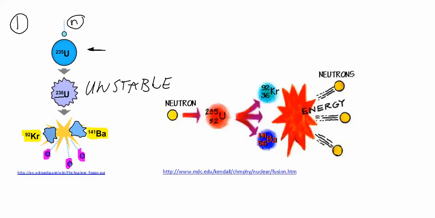In this diagram, you have the same idea. You've got a neutron. The neutron's going to bombard uranium-235. When that happens, krypton and barium are formed, as well as three more neutrons being released. What I like about this diagram is it clearly shows that there is a massive amount of energy released in that process.